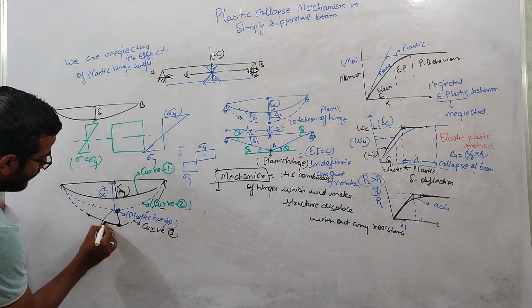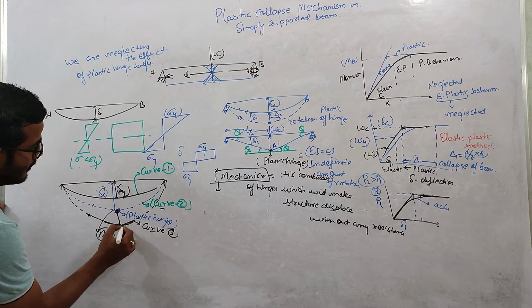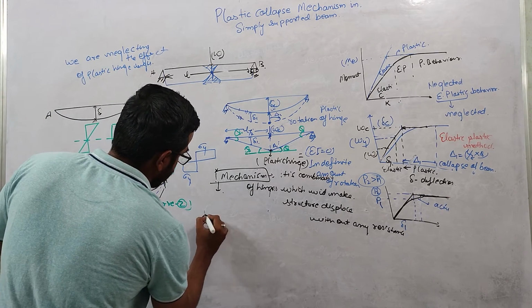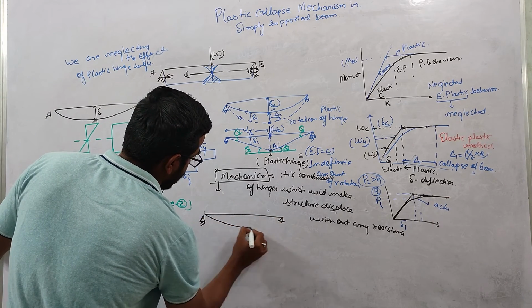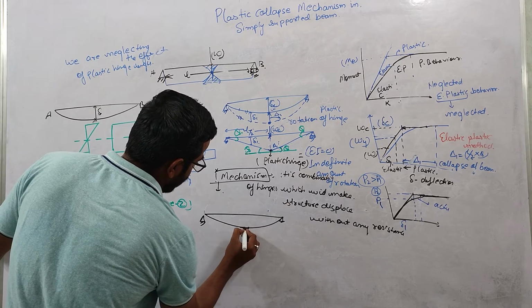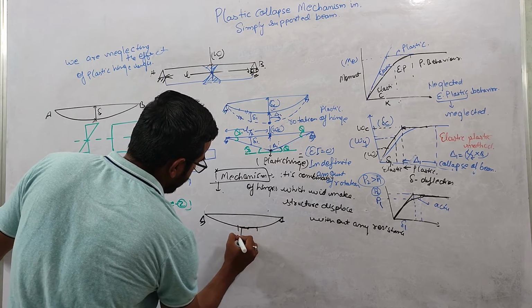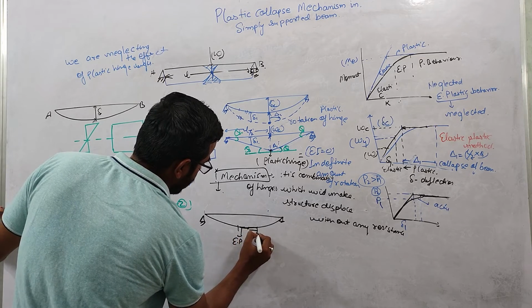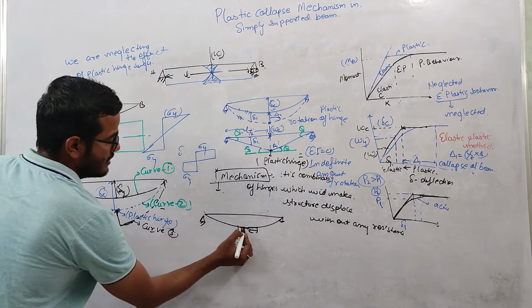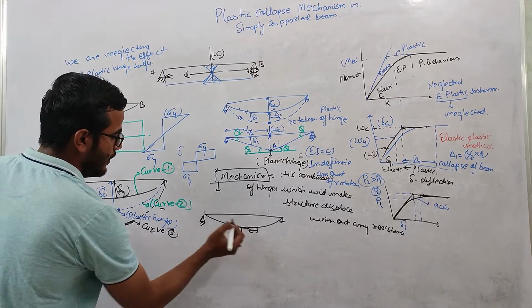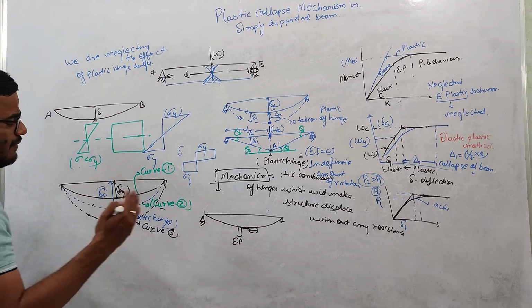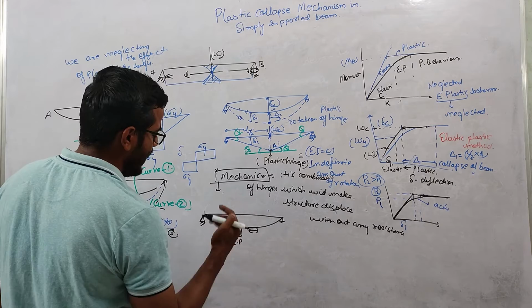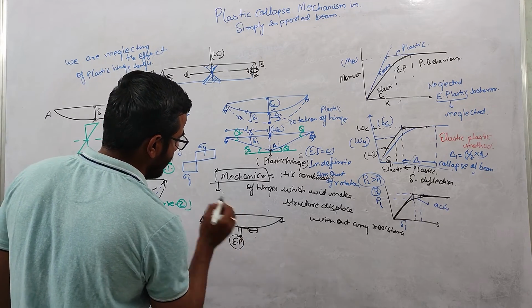We have already discussed this. In actual there is some elastoplastic behavior for some distance just left and just right of this hinge point. But in our analysis, we are neglecting this elastoplastic behavior.